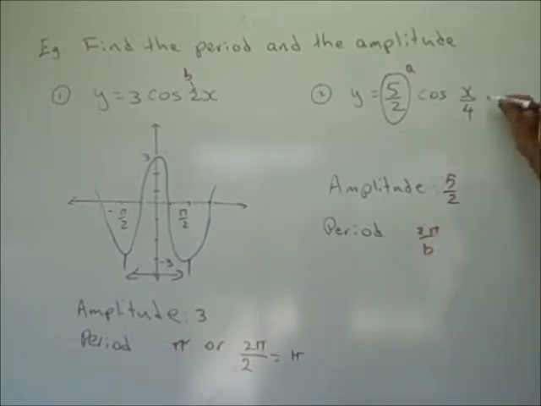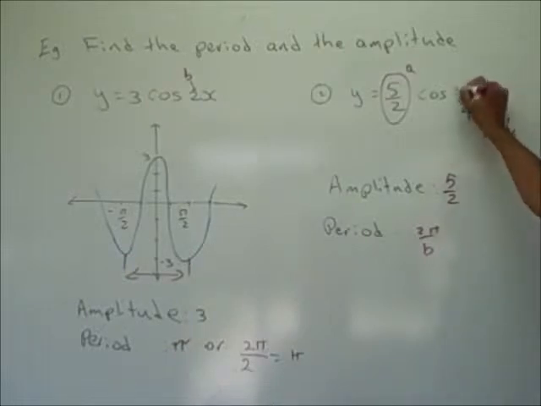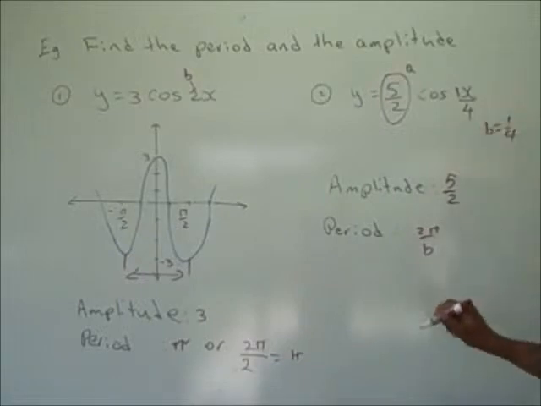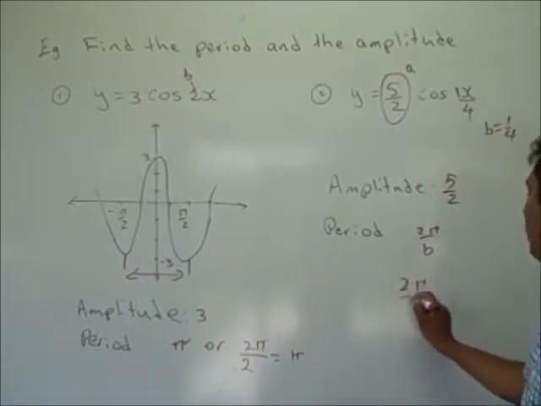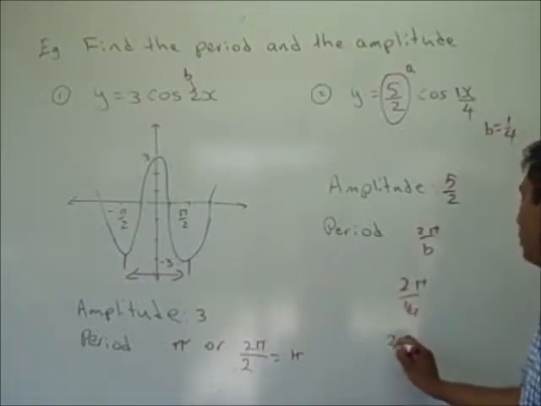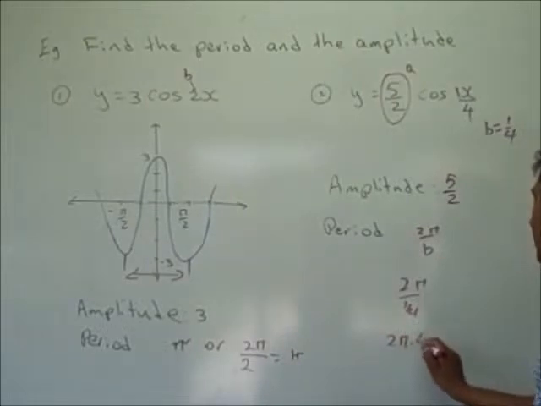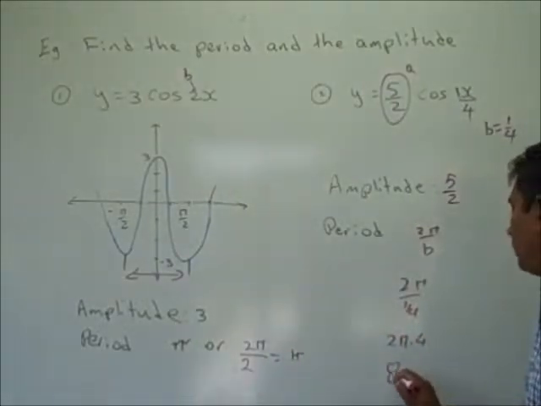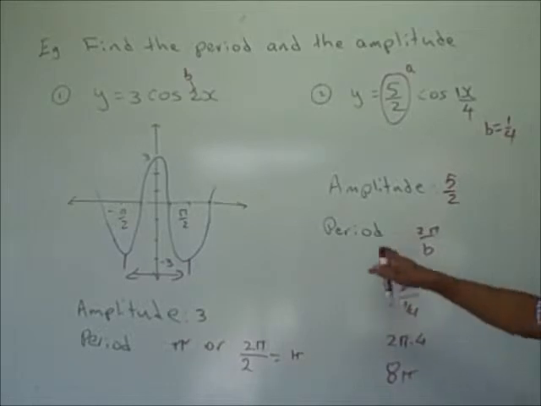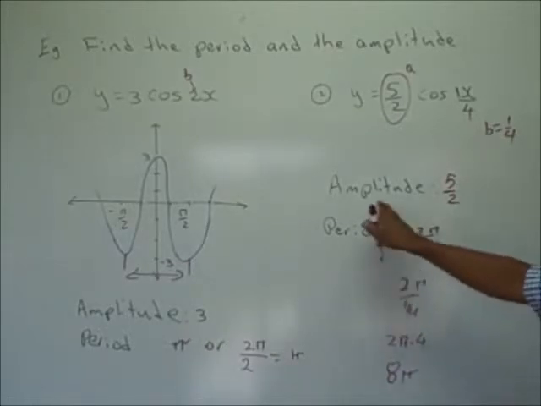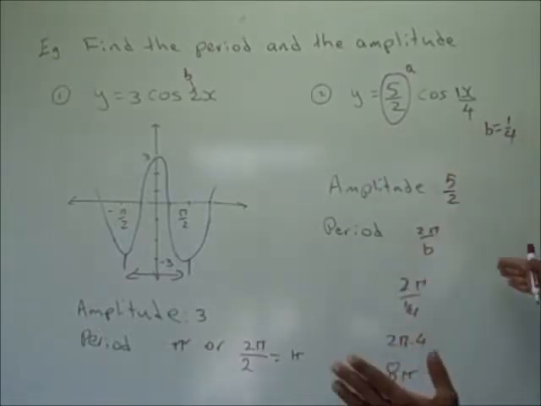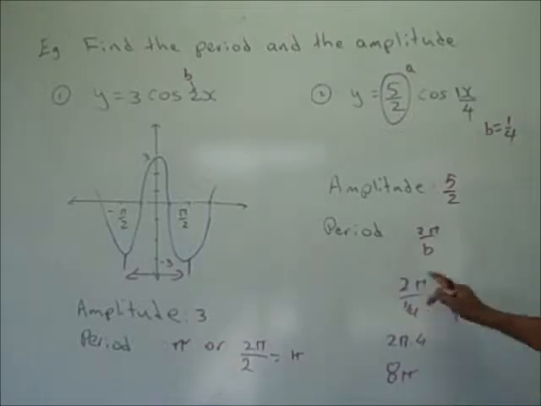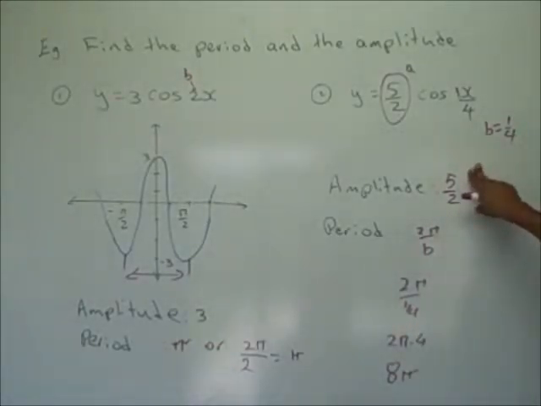Here b would be 1/4, since this is 1/4 x. So this becomes 2 pi over 1/4, or 2 pi times 4/1. So our period would be 8 pi. So you can see that for this graph, it's stretched, the entire period is 4 times the original amount, so it's now 8 pi at an amplitude of 5/2.